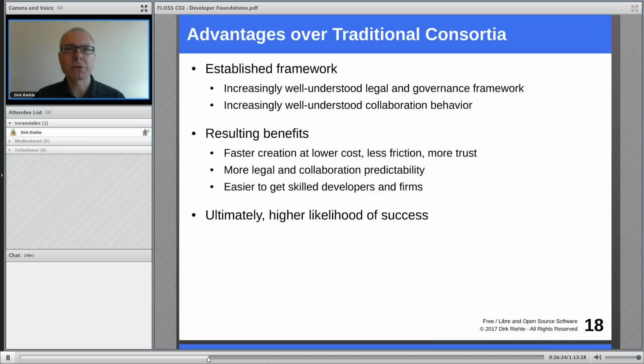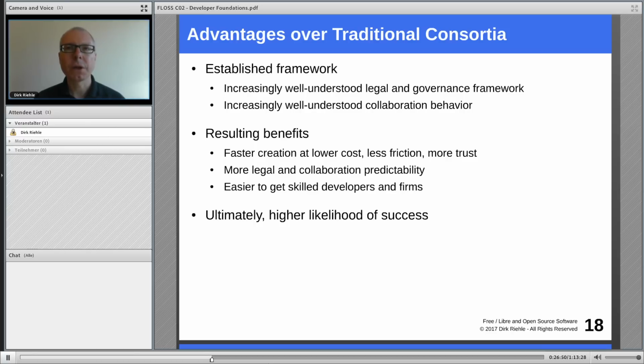Well, an open source consortium or foundation, I use these terms interchangeably here, is simply a consortium in the first place. But using an open source approach, you are benefiting from increasingly well-established legal frameworks, the licenses, people understand those. People also understand how to work together on open source.